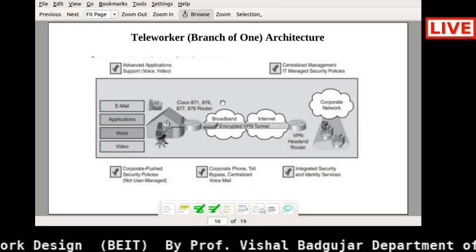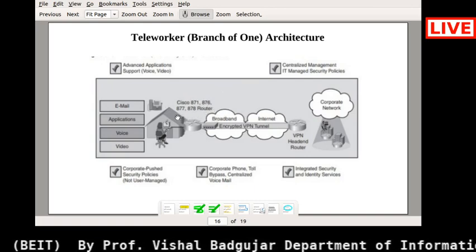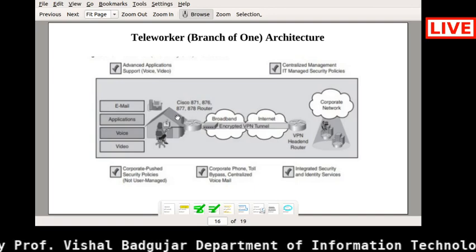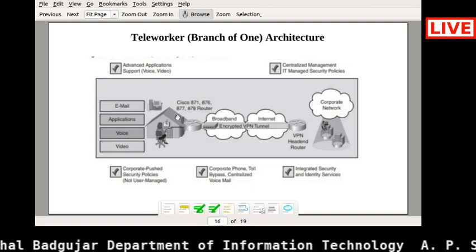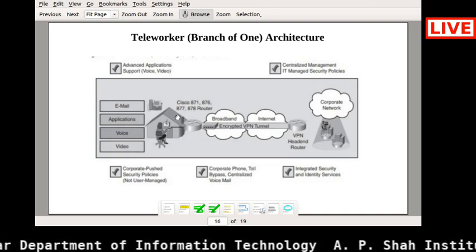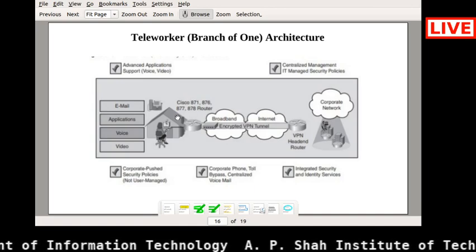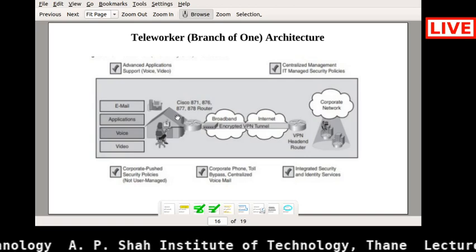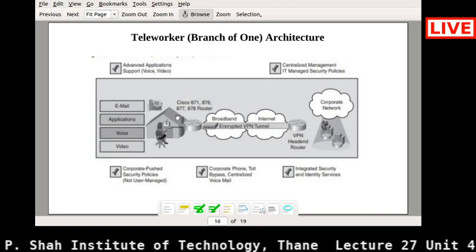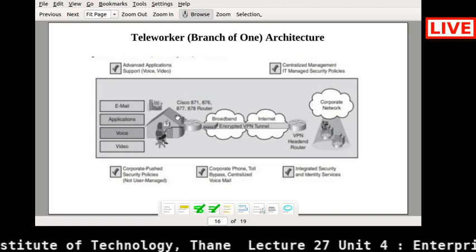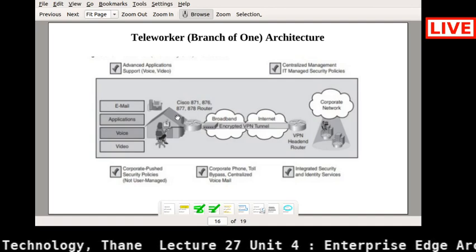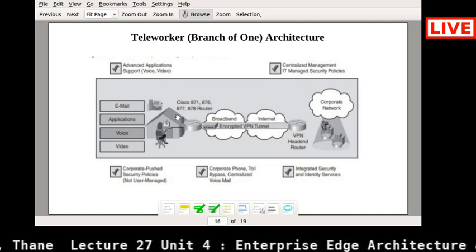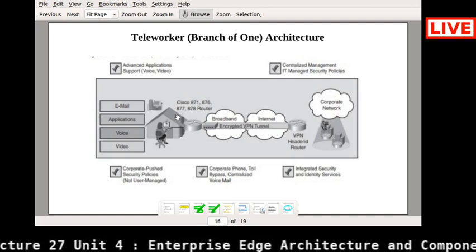You can also use an unmanaged VPN, which can be from any kind of broadband router or any kind of access point. It will also give you some feature integration, some QoS. It will also give delivery of voice and video, multimedia, and traditional data to all the end users.